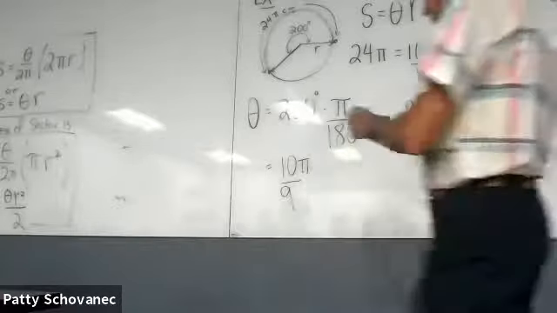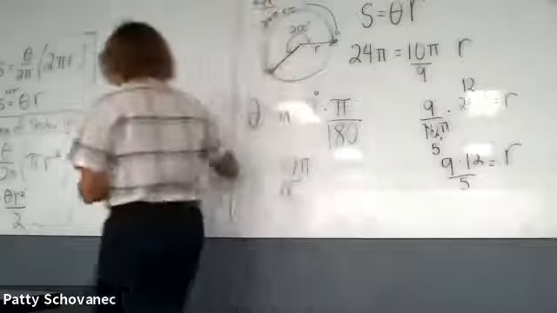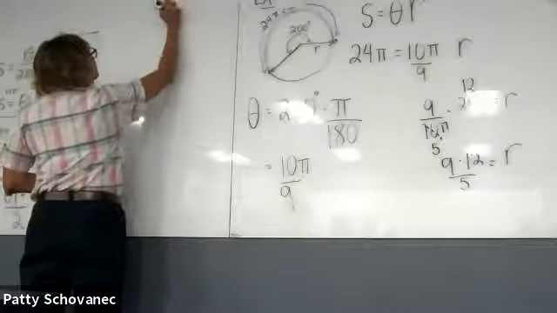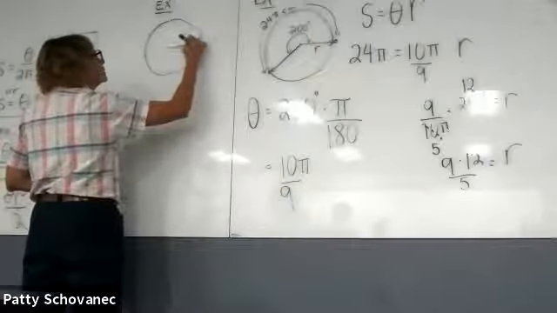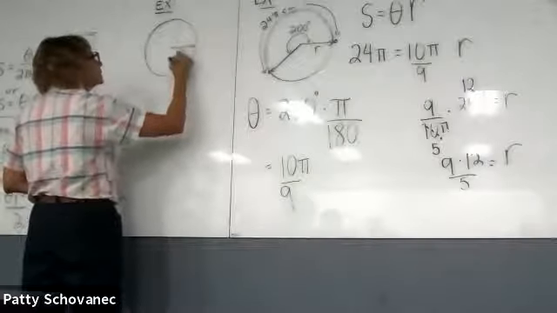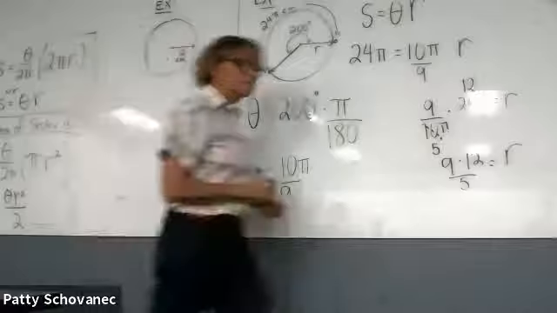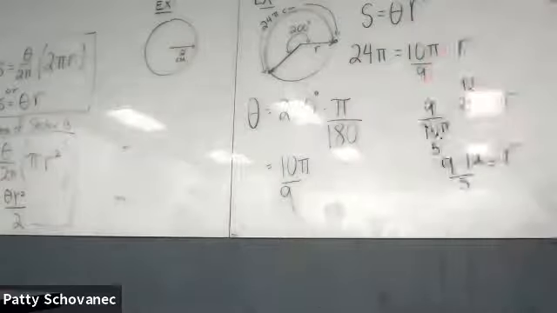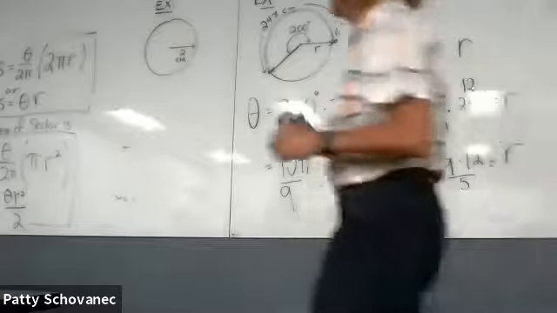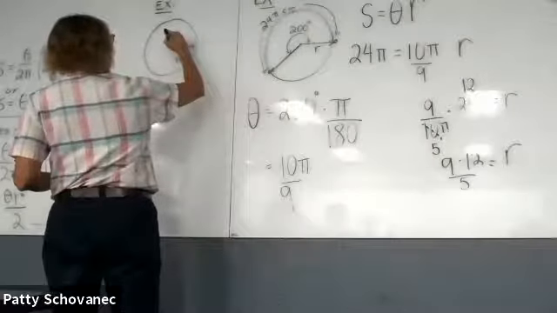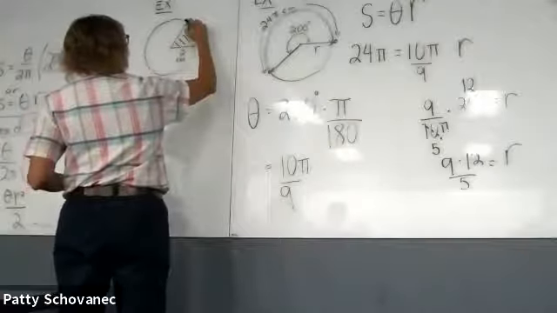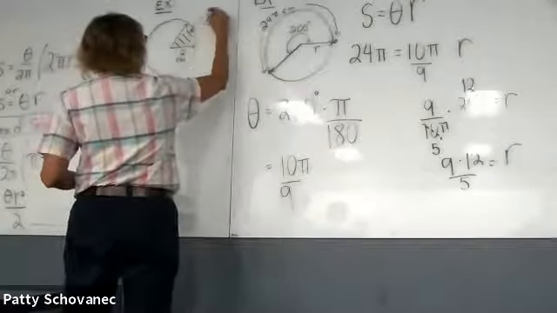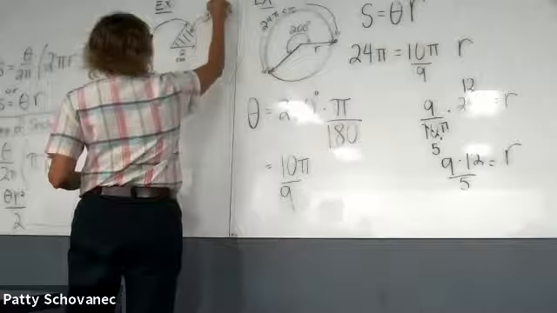Okay, this time let's go with a circle of radius 2. I guess I'll stick with centimeters. Circle of radius 2 centimeters. And we've got a sector that cuts off 3 square units of area, so 3 centimeters squared of area.